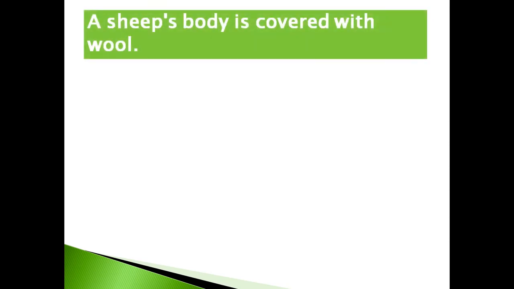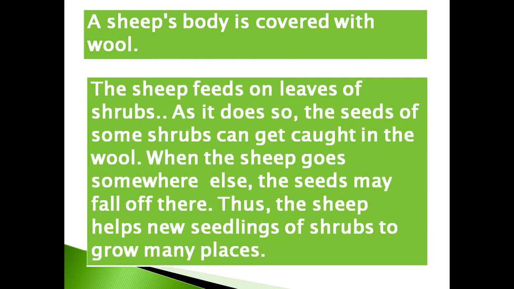A sheep's body is covered with wool. The sheep feeds on the leaves of shrubs. A shrub is a plant. As it does so, the seeds of some shrubs can get caught in the wool.